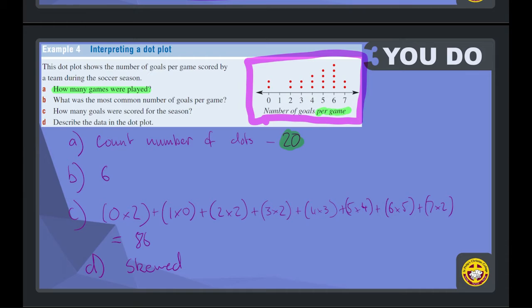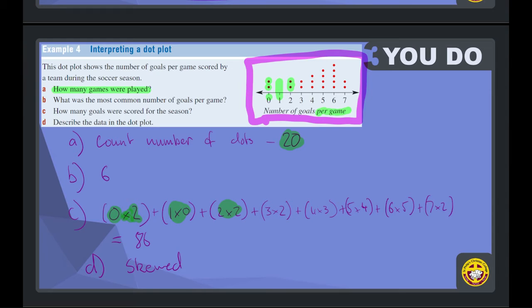This third one, I think, may have been the most tricky. And to answer it, we need to just think for a second about what the dot plot is actually telling us. In 2 games, they scored 0 goals. There were no games where they scored 1 goal. That's here. In 2 games, they scored 2 goals.